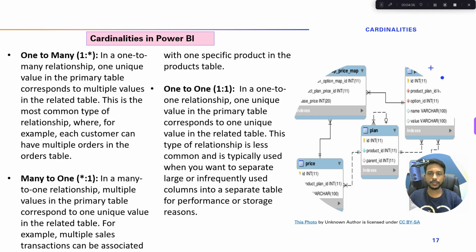Okay. And again, we have something called one to one. In a one-to-one relationship, one unique value in the primary table corresponds to one unique value in the related table. That means both columns are primary. Okay. So somehow you are joining those two tables. This type of relationship is less common and is typically used when you want to separate large or infrequently used columns into a separate table for performance reasons or storage reasons.